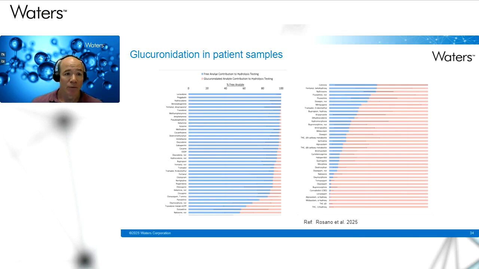I'm not going to go through all of them, but they're ordered in this figure from the least conjugated to the most conjugated. So things like pregabalin and hydrocodone on the left, if you can read that, are almost all in their free state. However, other compounds, such as some of the benzos or cannabinoids, are very highly conjugated. And if this is not addressed, we can miss them or underestimate their presence in a sample.